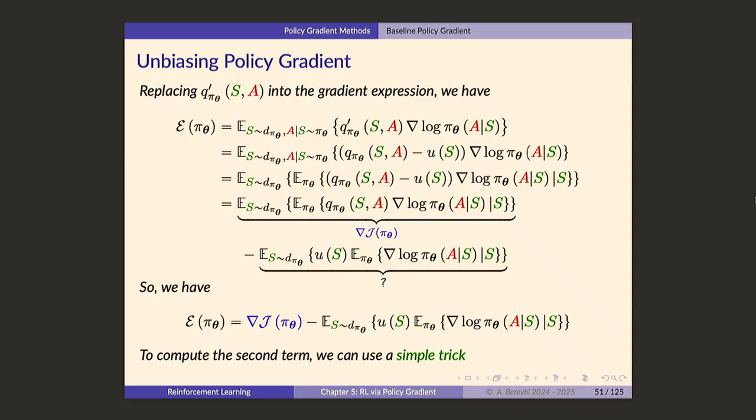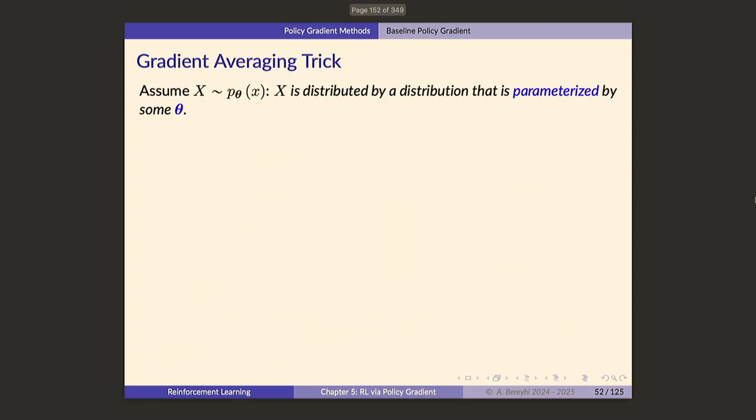It's the same thing if I replace p theta with pi theta given s; I didn't want to have that given s, since maybe that helps in terms of notation.